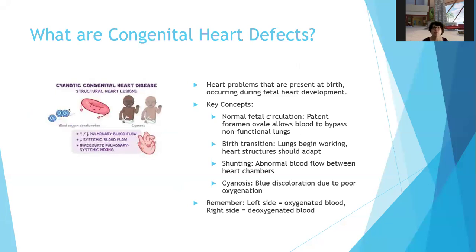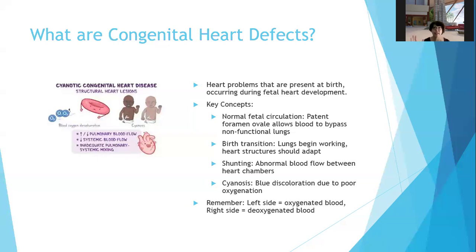So heart problems that are present at birth that occur during fetal heart development are considered congenital heart defects. In normal fetal circulation, we have an opening between the two atria, which is called the patent, meaning open, foramen ovale, which allows the blood to bypass the non-functional lungs.